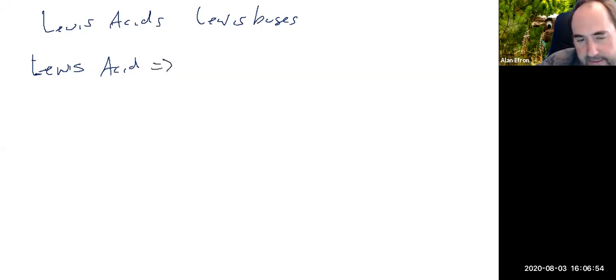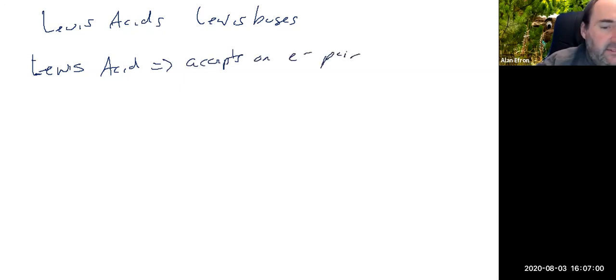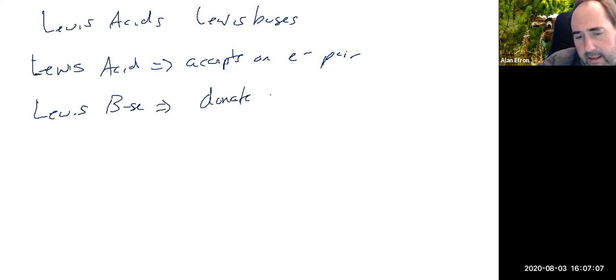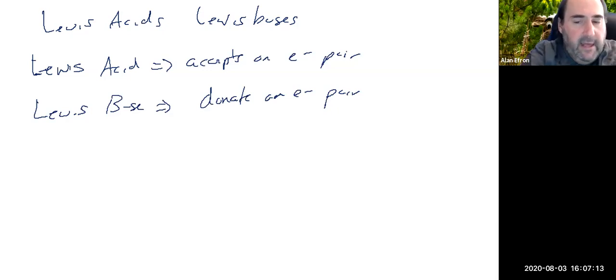It accepts an electron pair. A Lewis base is something that will donate an electron pair. And this is a way that we could think about acid and base chemistry without having to deal with the idea of H plus being transferred, accepted, or lost. We could do it based on electron pairs.